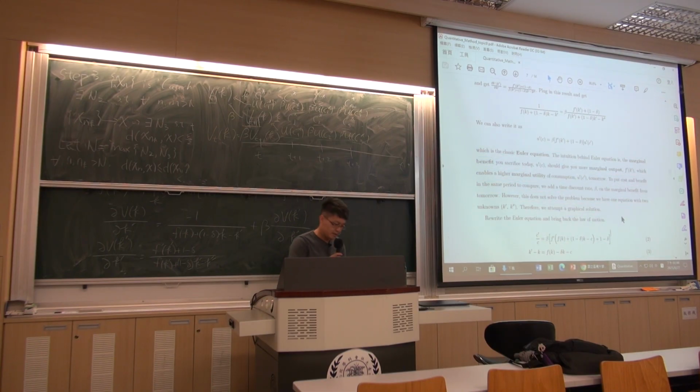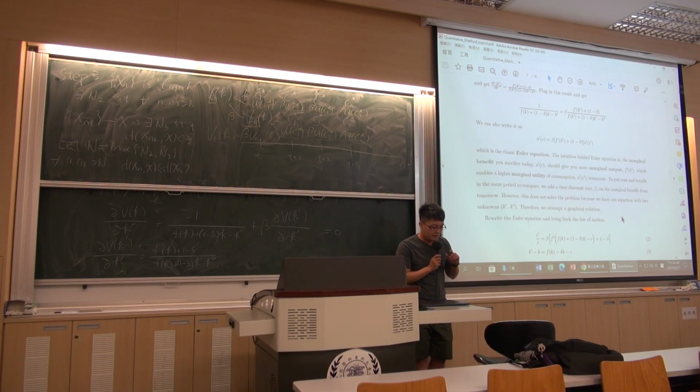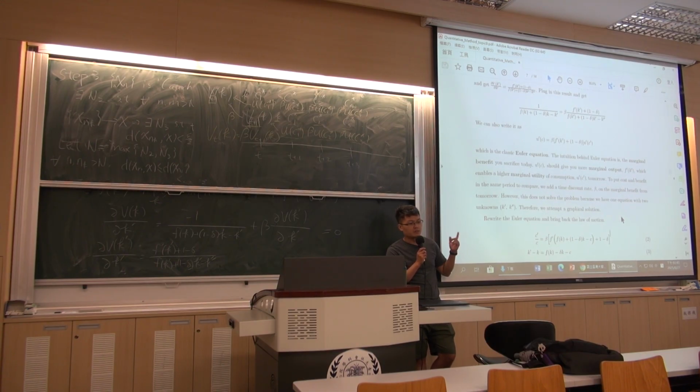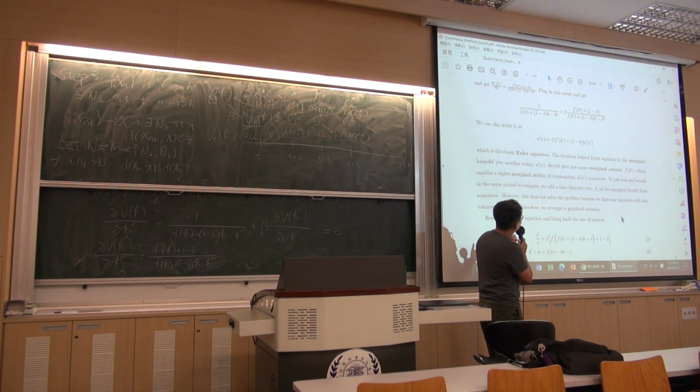You can read it, but the idea is that you decide how much to consume for this period. Since you don't consume, you treat that as saving for the next period, and it will become the capital for the next period. So what is in your mind is, should I consume more or should I save more today? And how are you going to make that decision optimally? You have to compare the marginal benefit you sacrifice today.